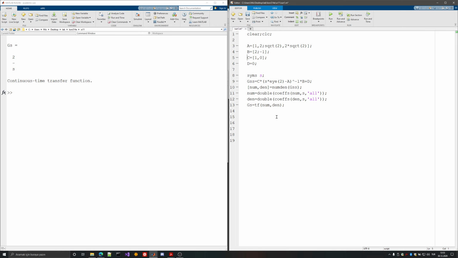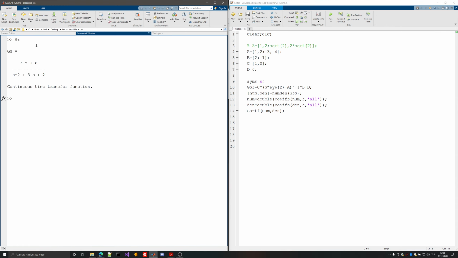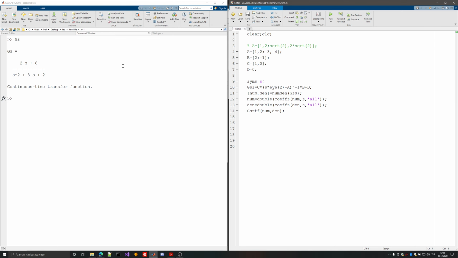Let's say we have a different system, because this one is a little problematic to show what's actually going on. Let's give it -3 and -4. Comment this out. So let's say we have G(s) as a transfer function like this. How can I find the state space realization?